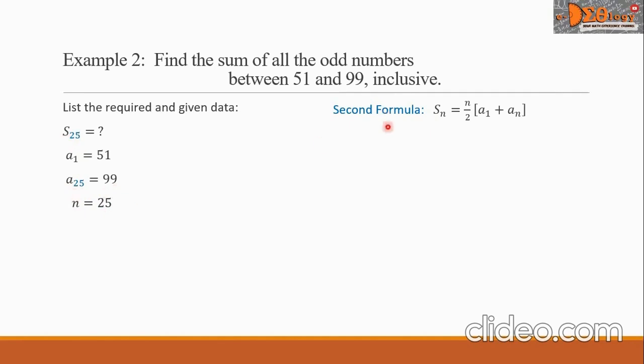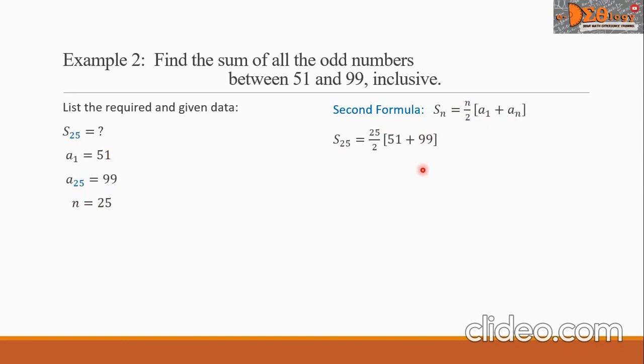Let's go now to solve for s sub 25. Substituting the corresponding values, the n is now 25, a sub 1 is 51, the a sub n or the a sub 25 is 99.